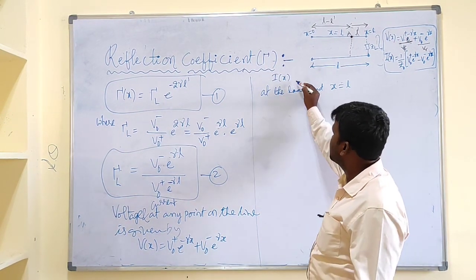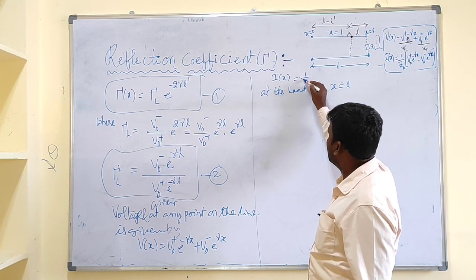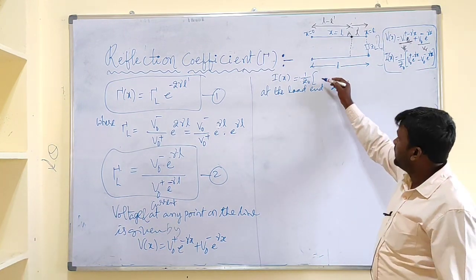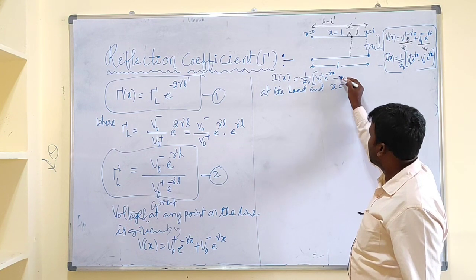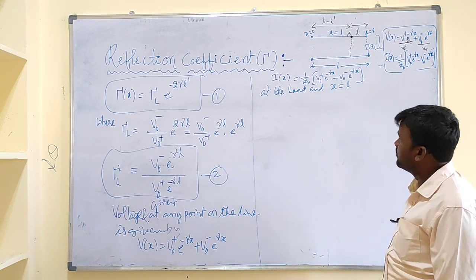I of x equals 1 by Z naught into V naught plus e to the power minus gamma x minus V naught minus e to the power gamma x.